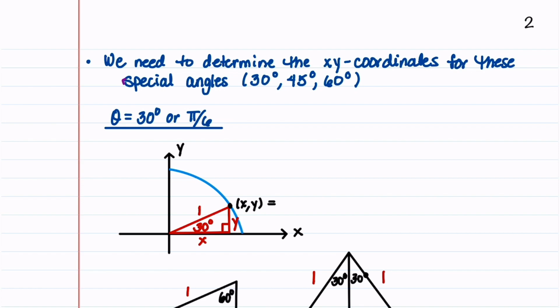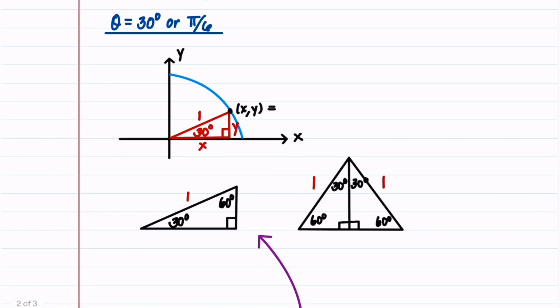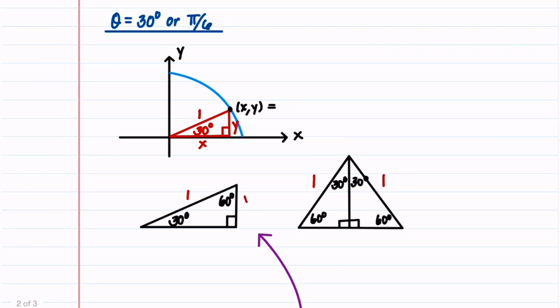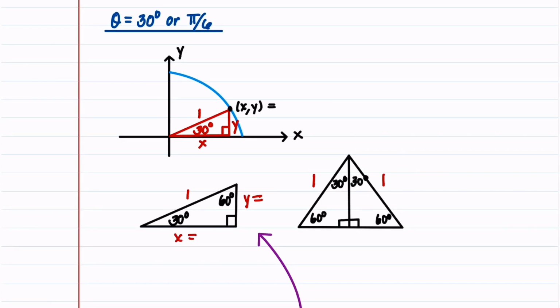We want to find the values for x and y for an angle of 30 degrees. We need to find the value for the right side of the triangle. That will be our y value. And then we need to find the value for the bottom of the triangle, and that's our x value.